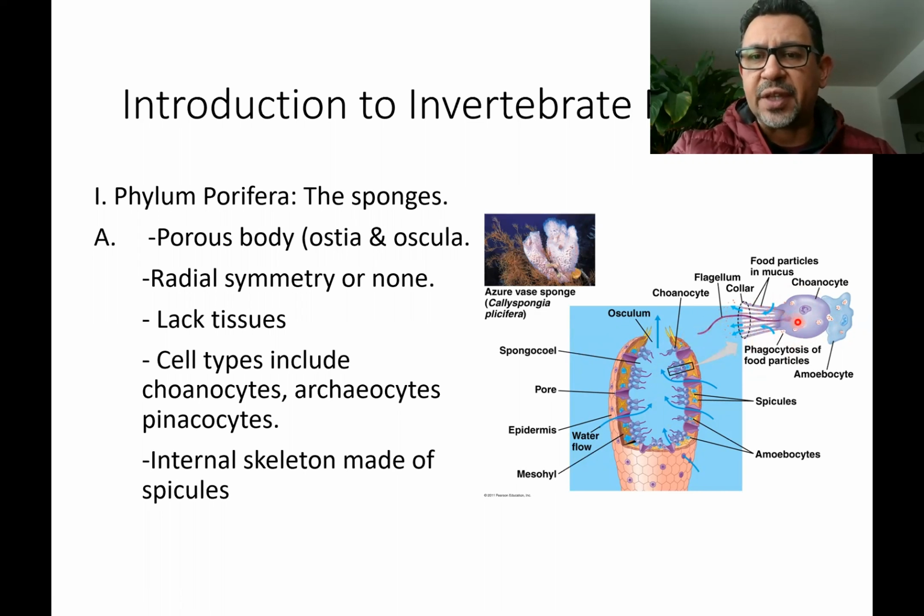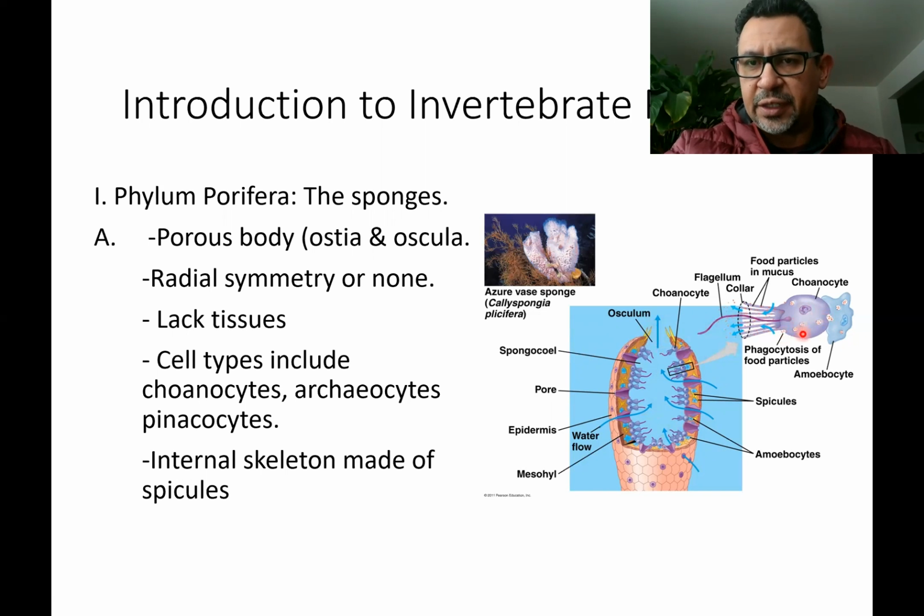That is known as a choanocyte, and they form layers inside of the body of the sponge, also lining the canals, and these flagella force water to move, usually in the direction out through the osculum. They also are responsible for collecting food through phagocytosis.